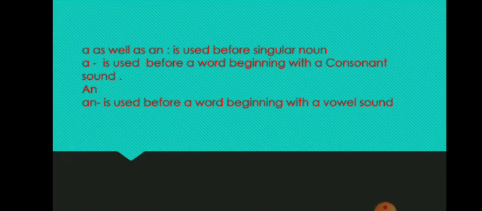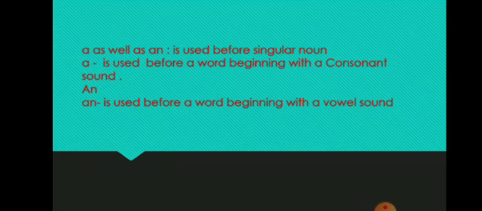You know that a noun is the name of a thing, place, animal or person. Like this, you must know what a noun is, and this noun is of two types, singular noun as well as plural noun.